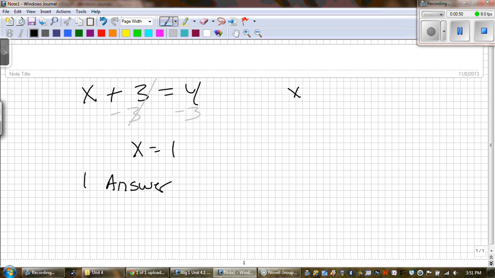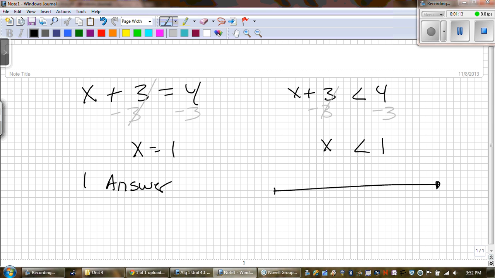What we're going to be doing now are problems like this. Okay? And you're doing the same stuff. Well, hey, I got to subtract by 3 to cancel that out. But now x is less than 1. Well, less than 1. Aren't there a ton of numbers less than 1?